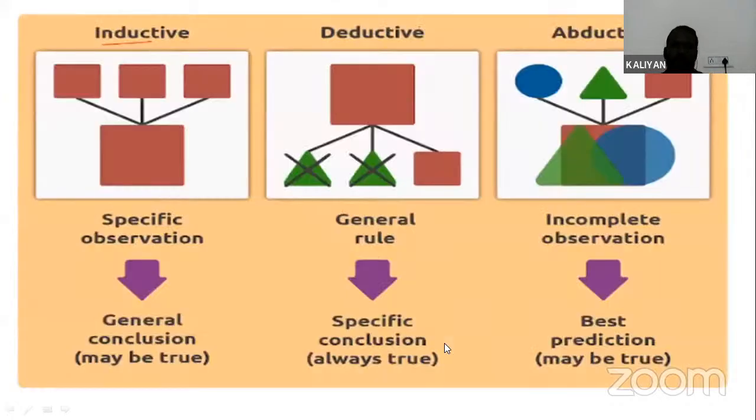So this is the picture diagram for the three different types of reasoning. Inductive is from specific observation to general, and deductive is from general to specific observation. In abductive reasoning we try to make the best prediction: we predict a particular phenomenon, or we prove the theory.